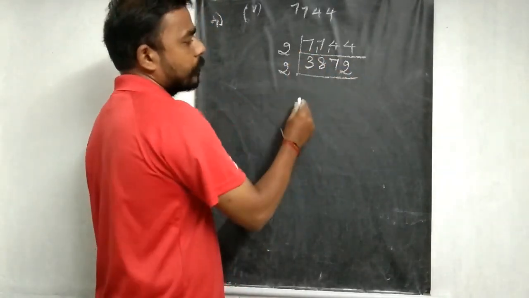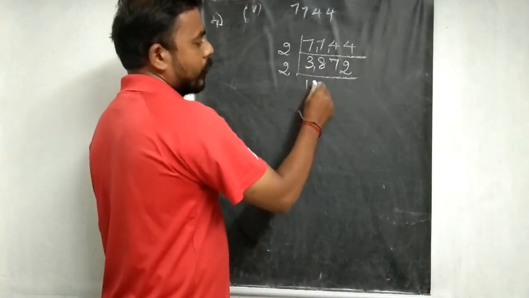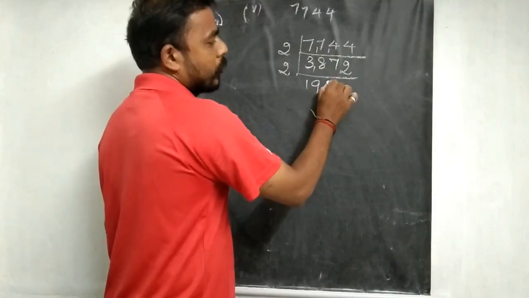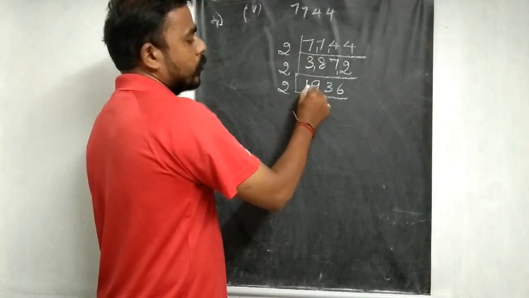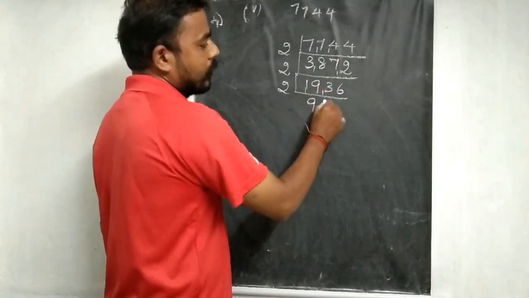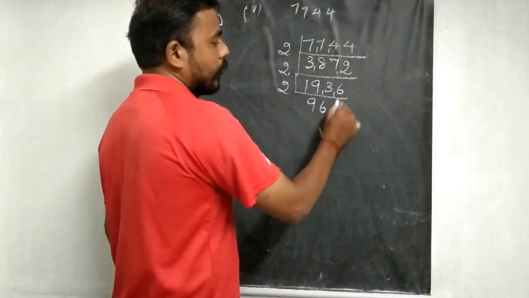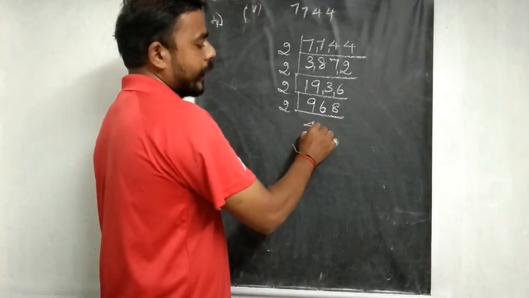Next 2. 1 2 is 2, remaining 1. Then 19. 9 2s are 18, remaining 1. 6 2s are 12, remaining 1. 8. Next 2. 4 2s are 8.